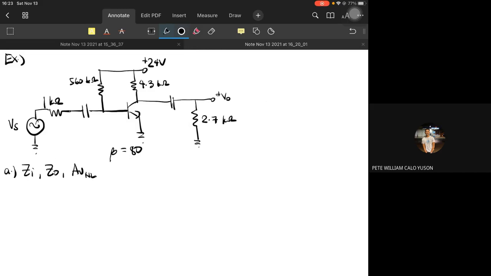Let's just go to page 293 for the formulas. We don't have the DC parameters yet, IE and RE.